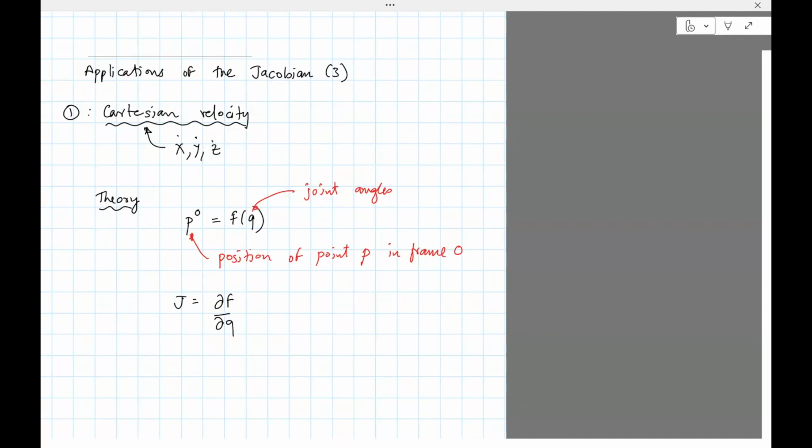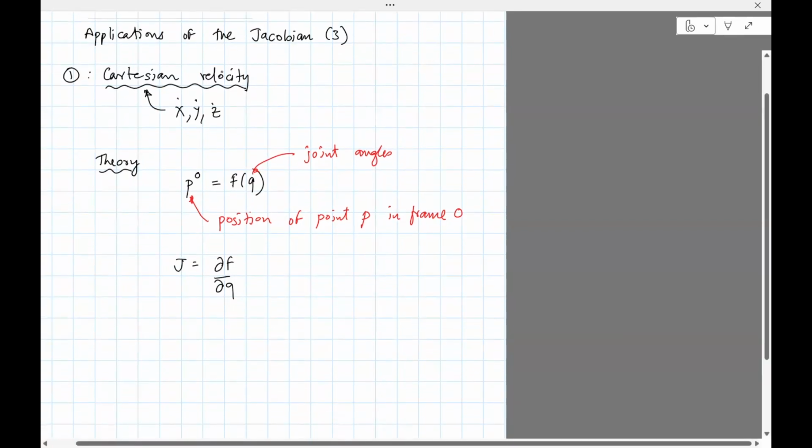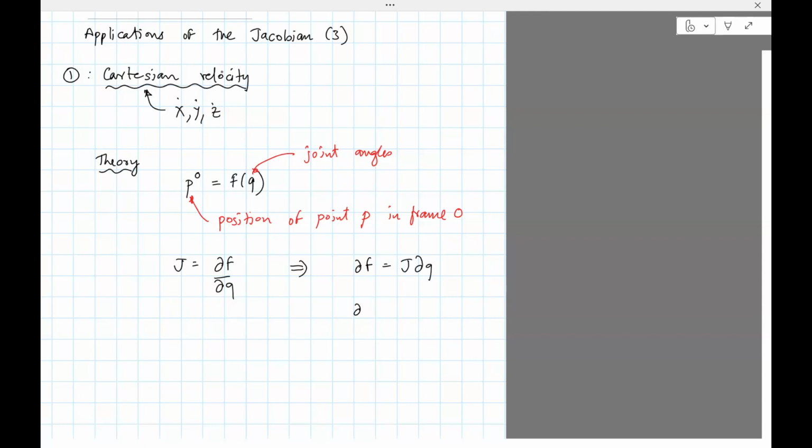This is just from the previous slide where I talked about the definition of the Jacobian. Let's rearrange this: df is J dq. Nothing stops me from adding a dt to both sides.